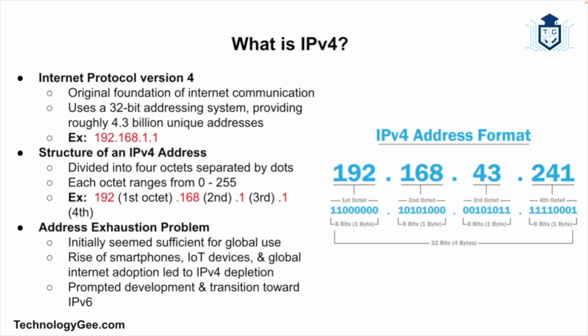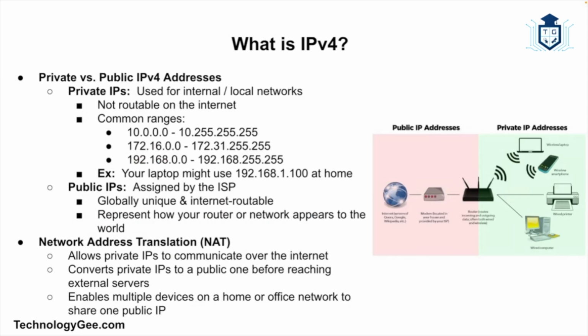An IP version 4 address looks like this on your screen right here, 192.168.1.1. Each part between the dots is called an octet, and it can range from 0 to 255.